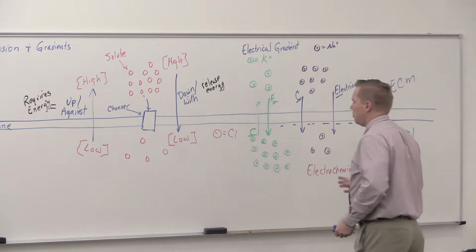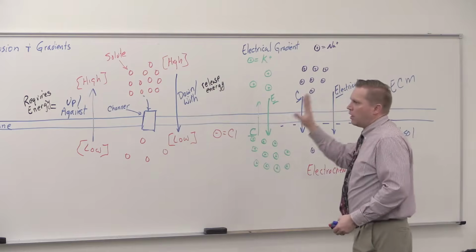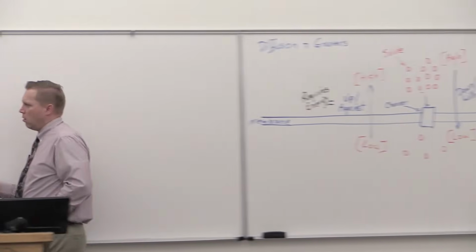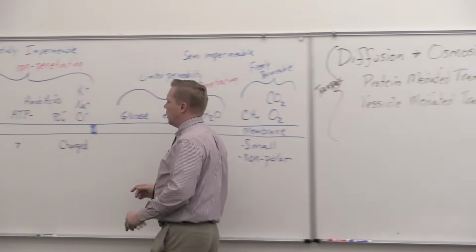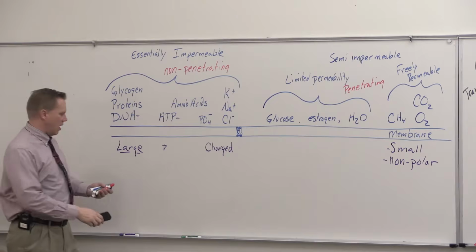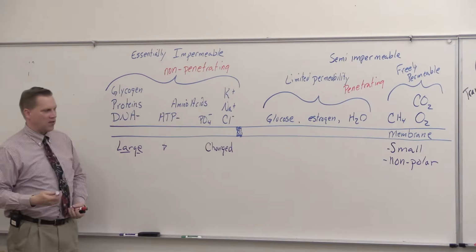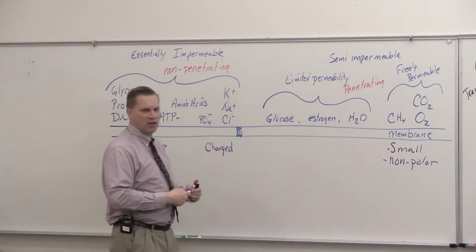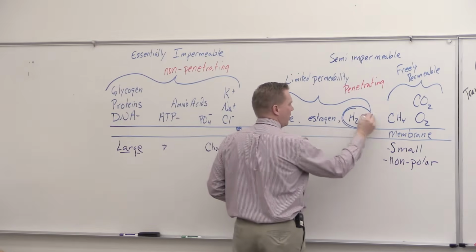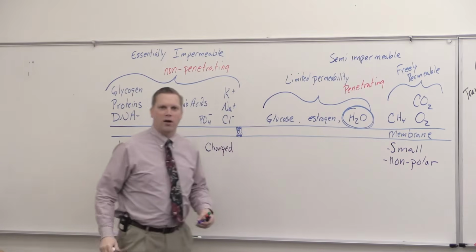Now, we've been learning a little bit about gradients and diffusion. And we're going to come back over here to this side of the board. And we're going to talk now about another process called osmosis. And osmosis is going to focus on this particular solute, water.